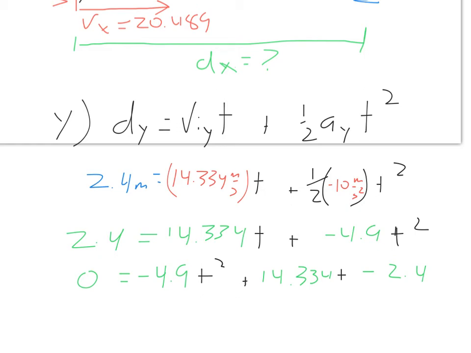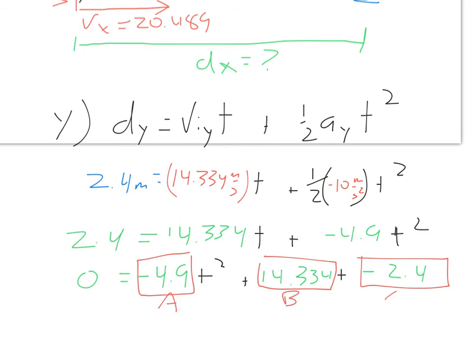And as I'm sure you've already noticed, this is a quadratic. Okay, so I'm just going to circle my coefficients, a, b, c. All right, so go ahead and apply the quadratic equation, which, if you don't remember, will give us answers for time.